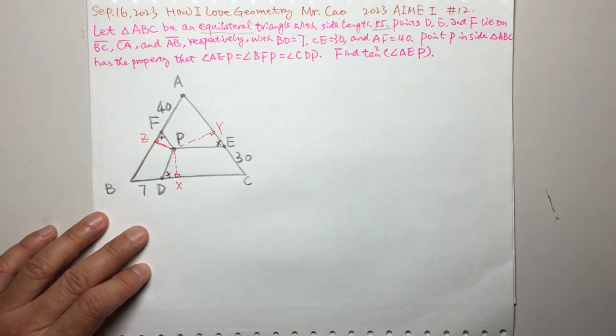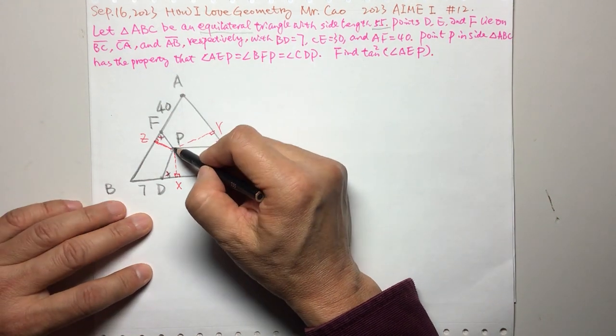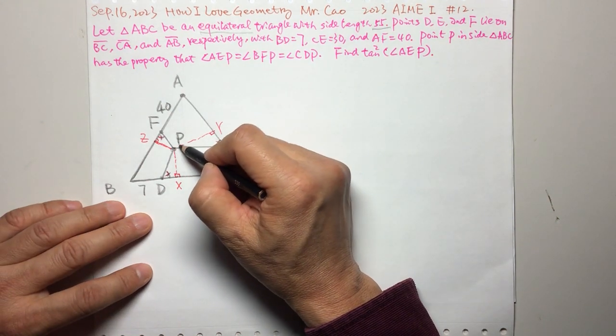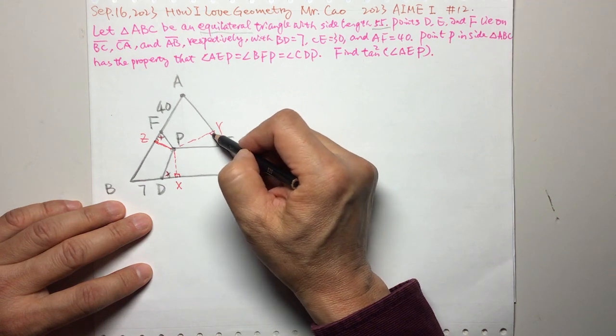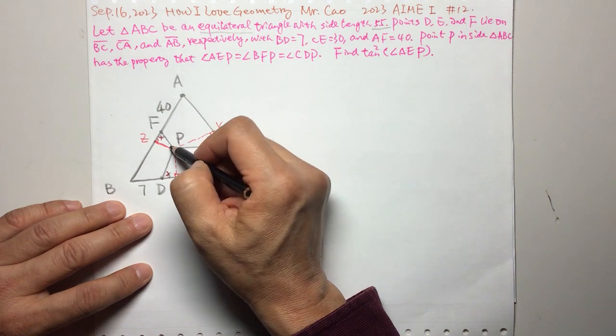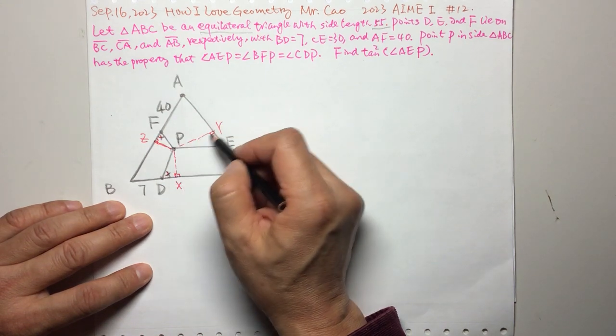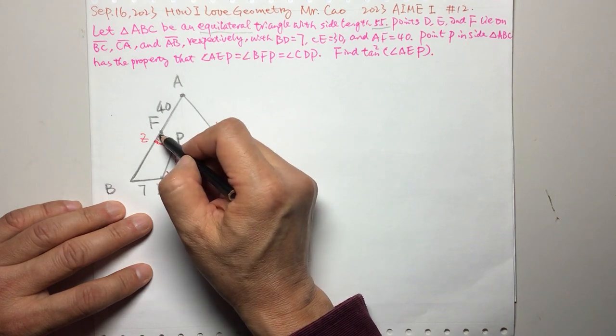So in this problem we can use PY over YE, or PX over DX, or PZ over ZF, because all of these three angles are equal to each other.